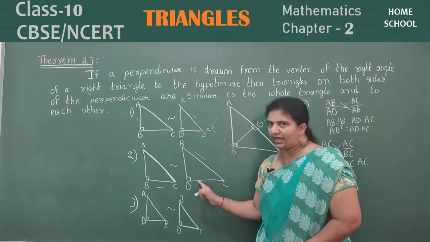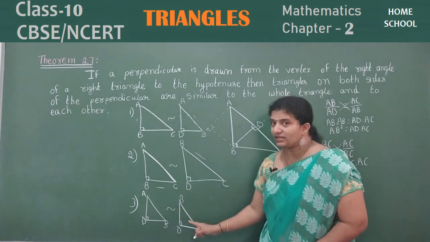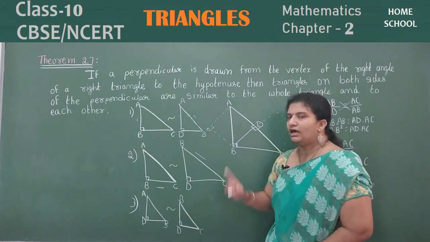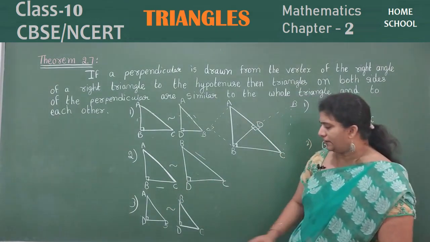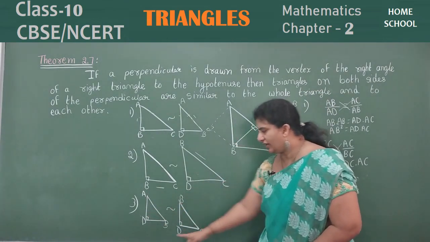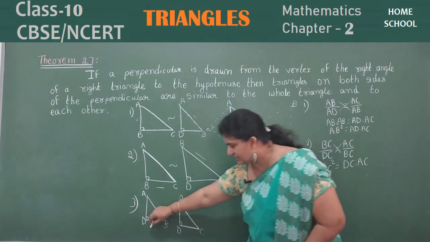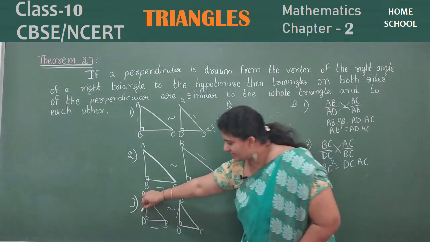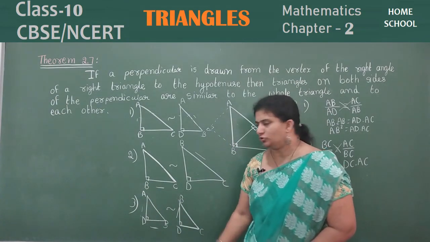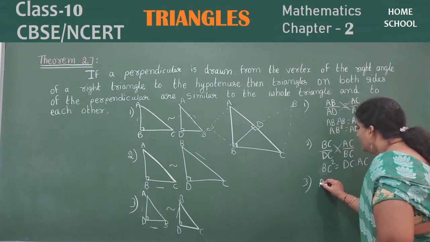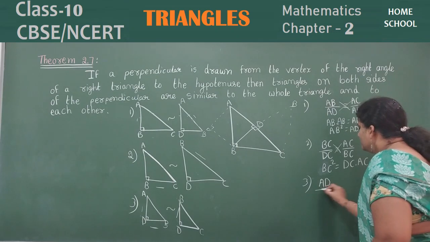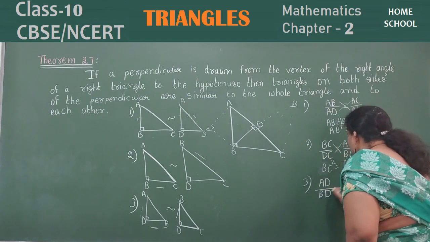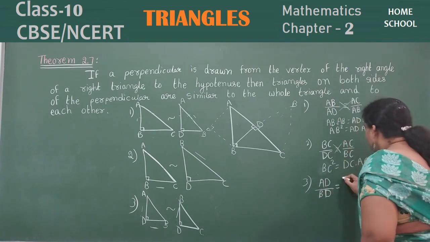Now third case here, what is that? These two triangles we have compared. Now again, these two triangles are similar, so the ratios are in proportion. Which ratios are we going to take? Observe here, common side, what do you have here? AD is there, not there. DB is there. Yes, DB is at the base and here AD is the perpendicular. So these two sides you need to take in proportion: AD by BD is equal to, what is the base?